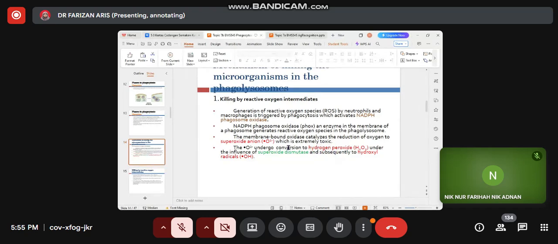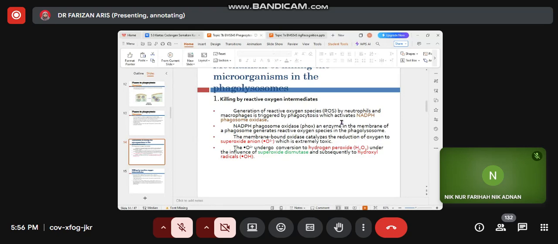This ROS species can then be converted into hydrogen peroxide, and with the interaction of another enzyme, superoxide dismutase, produce hydroxyl radicals. So as a result of the initiation of the phagolysosome, phagocytosis is triggered.